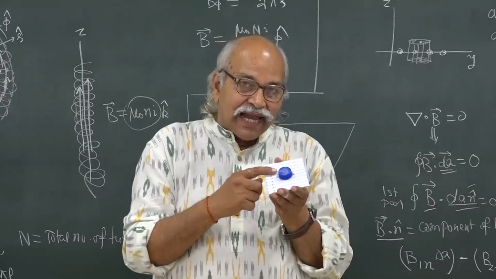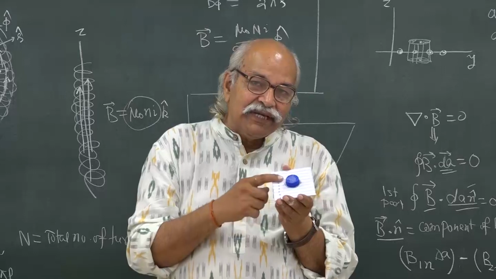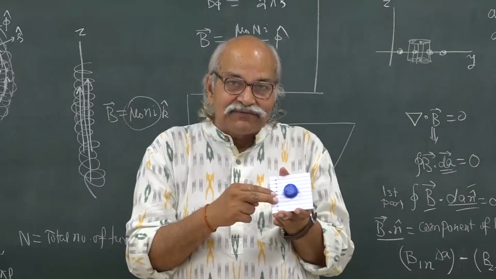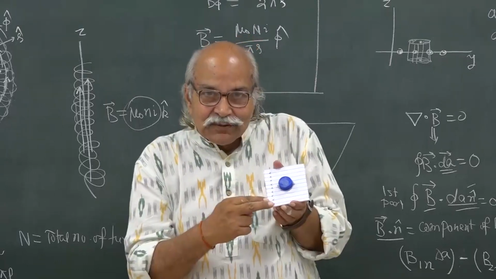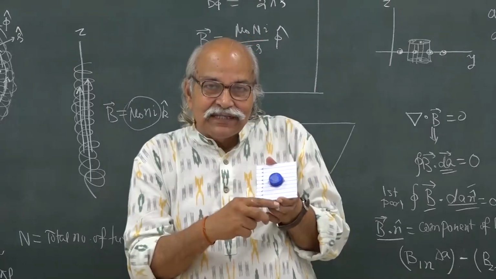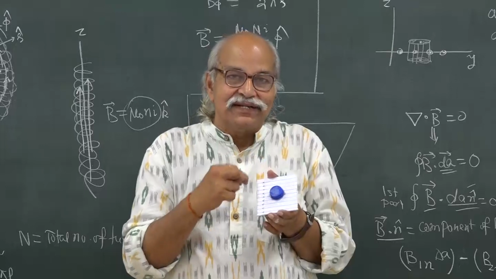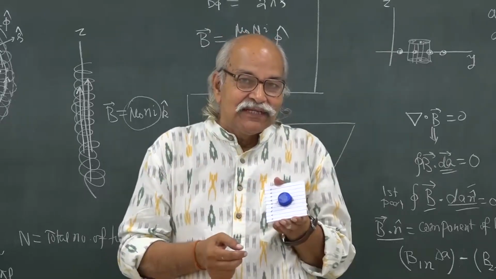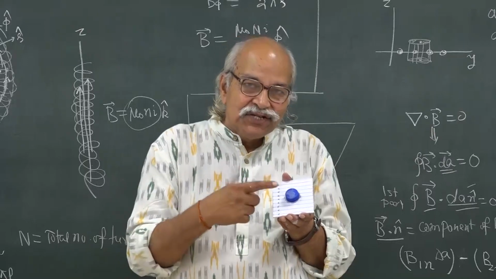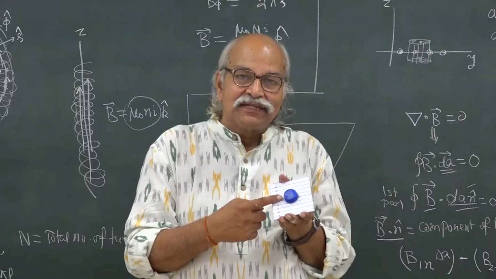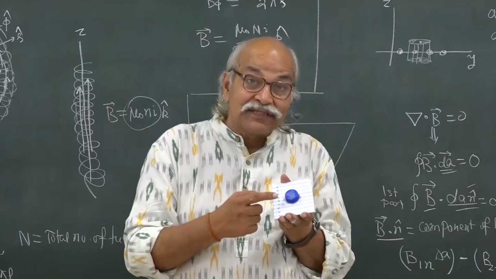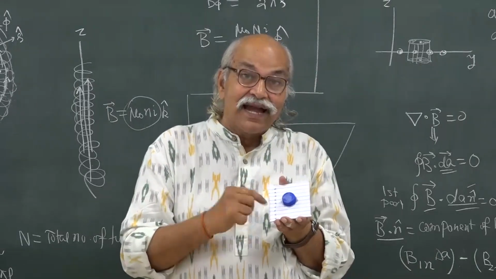So, tangential can be in many directions. This is also tangent to the surface, this is also tangent to the surface. There are many tangential directions. So, we will see how to handle that, and we will compare the tangential direction magnetic field component across the surface, this side and that side.